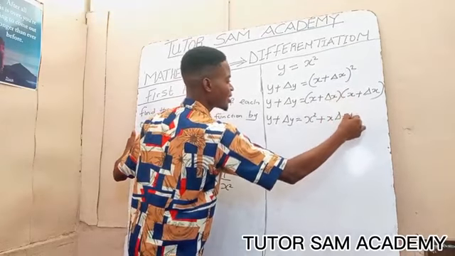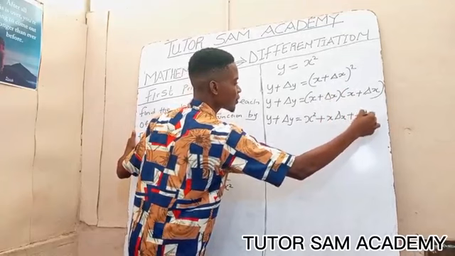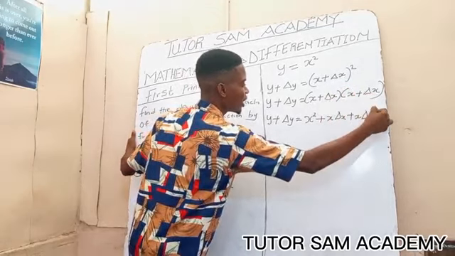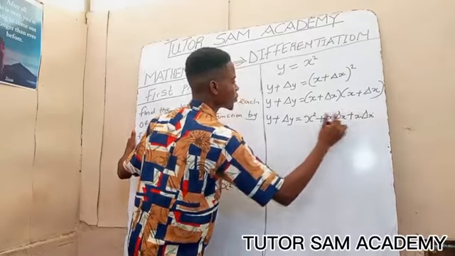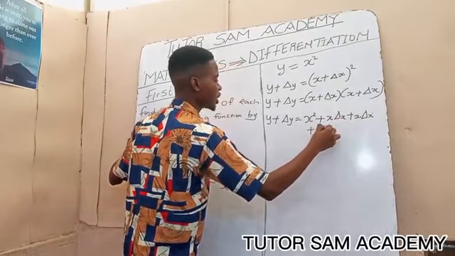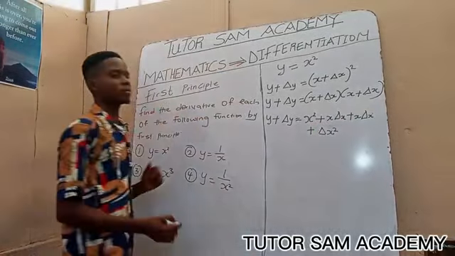Change in x multiplied by x is x change in x. Change in x multiplied by change in x is change in x squared.